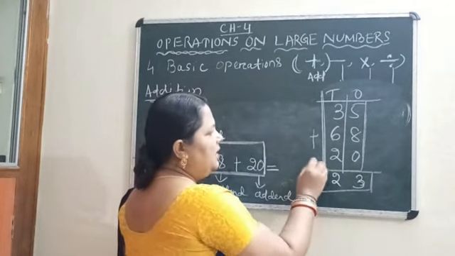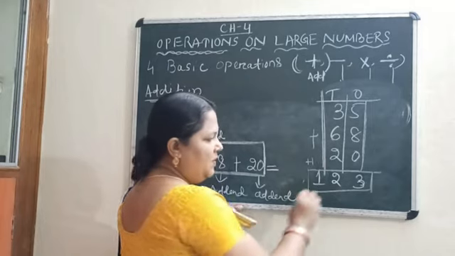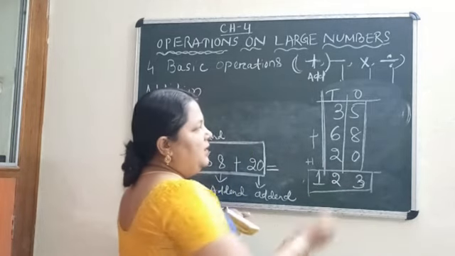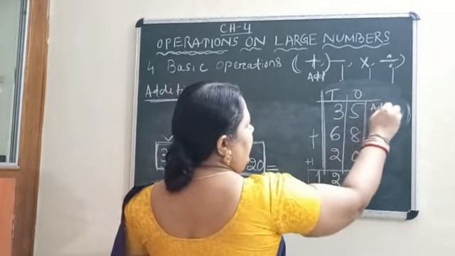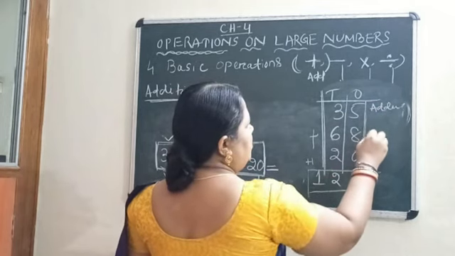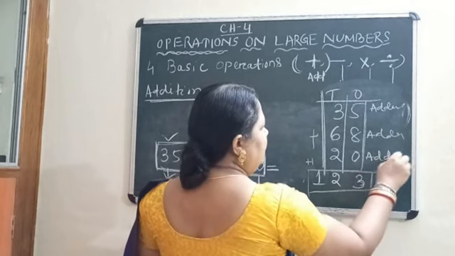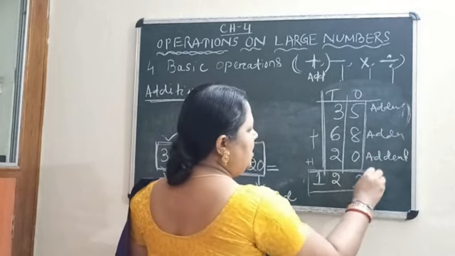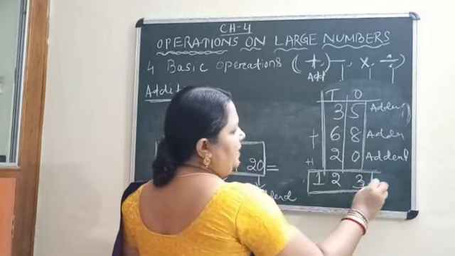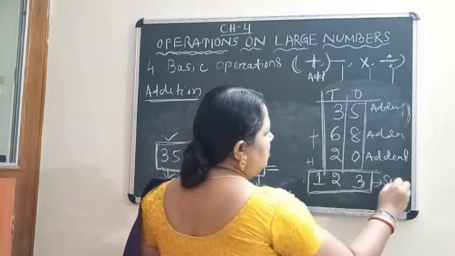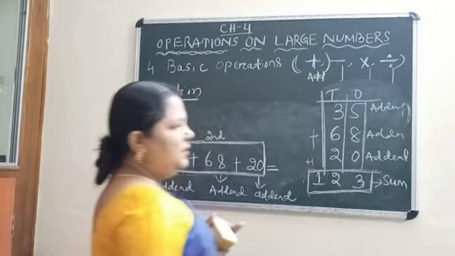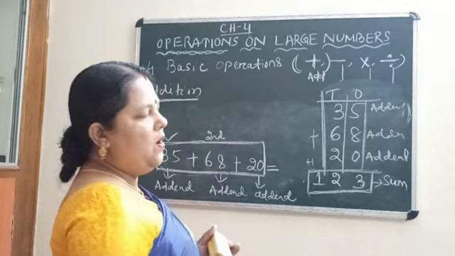This is coming here in the 100 place. So 123. Then this is one addend, this is also an addend, and this one is also an addend. And after addition, whatever answer is coming, that is called your sum. The term is called sum.